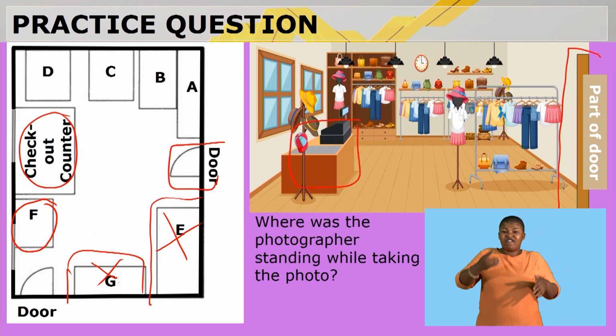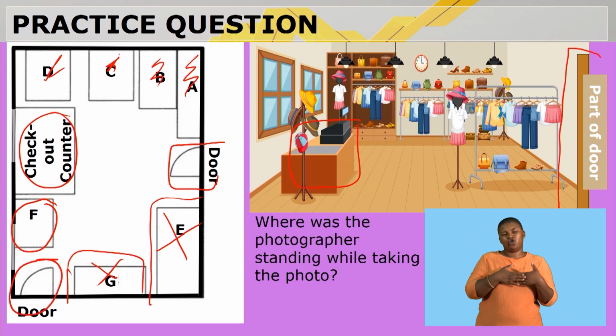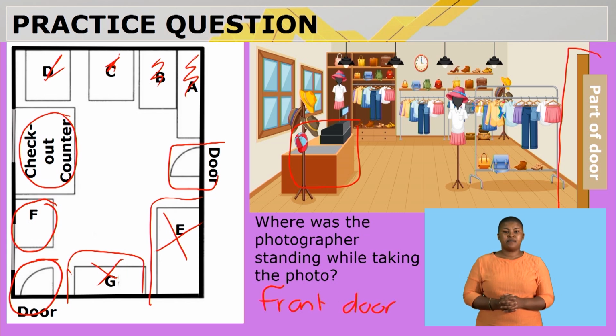There we go. And we can see all that part. So, where did the photographer stand? It was by the front door. So, the photographer was standing at the front door while taking the pictures.